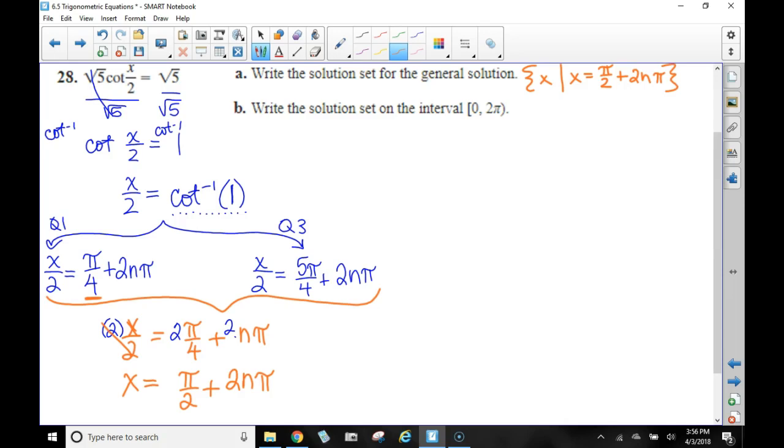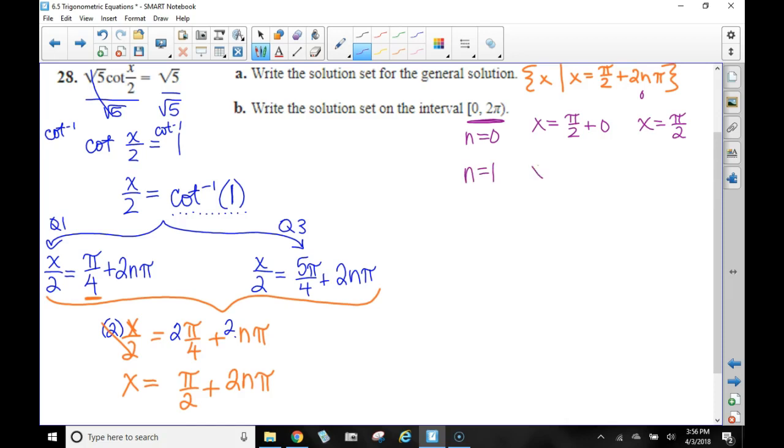That's it. Now for part B, when we go to write the solution set just for one rotation in the positive direction in between 0 and 2 pi, let's see, in my little formula above, when I let n be equal to 0, I have x is equal to pi over 2 plus 0 pi, which is just going to be pi over 2. Keep going until we get beyond 2 pi.